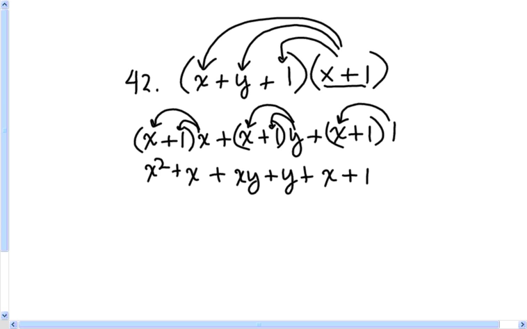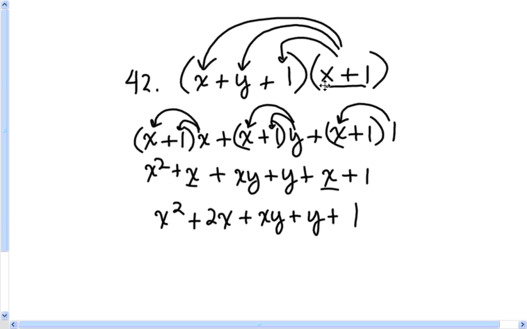And then I combine like terms, I have an x there and an x there, so I get x squared plus 2x plus xy plus y plus 1. So there wasn't a whole lot of simplifying there that I could do. All right.